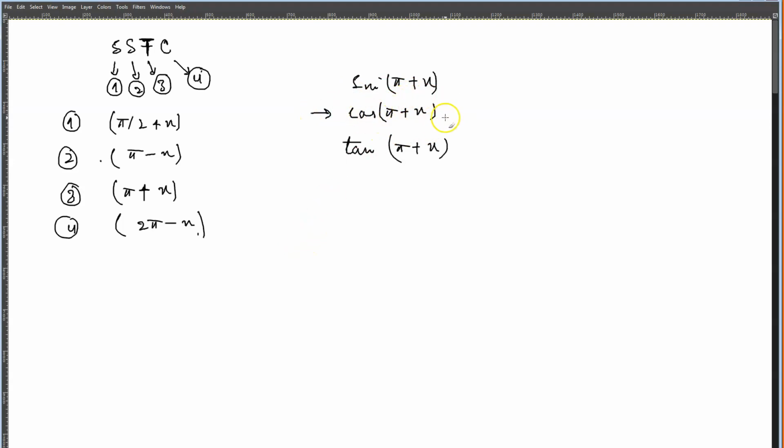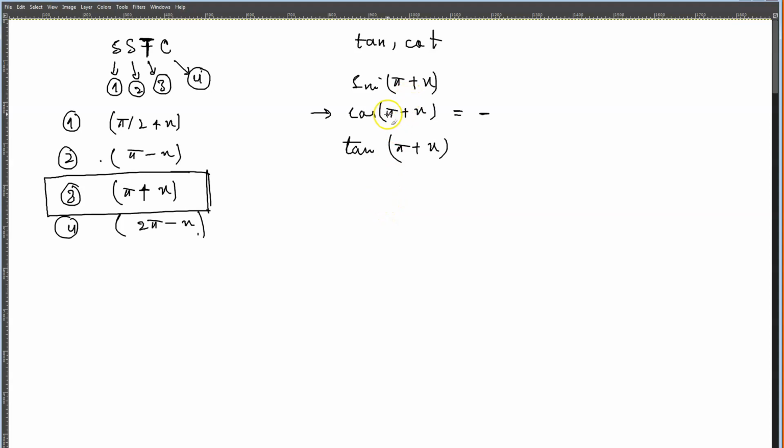So I know that the cos of pi plus x, since I'm working with pi plus x here, I have to refer to the third case. And in the third case, we said that tan and cot are positive. That means that cos is negative. So I will get a negative sign here.